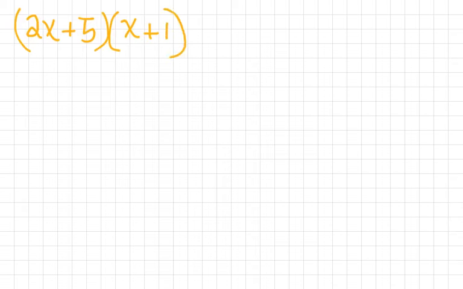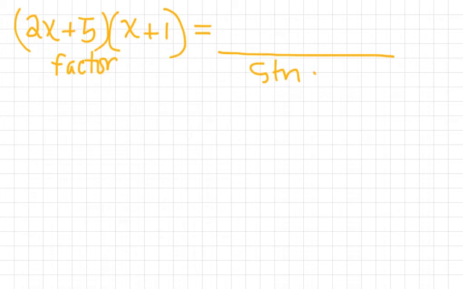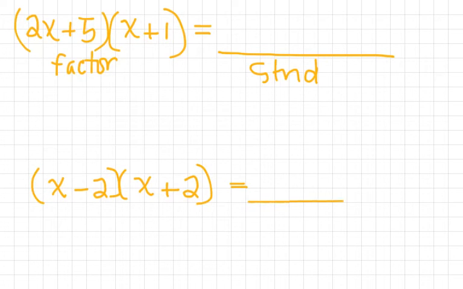What I'd like you to do is write an equivalent expression in standard form. Okay, so this is factored to standard. All right, and the second one that I'm going to ask you to do is x minus 2 times x plus 2. Okay, and again, you're going to write that in standard form.